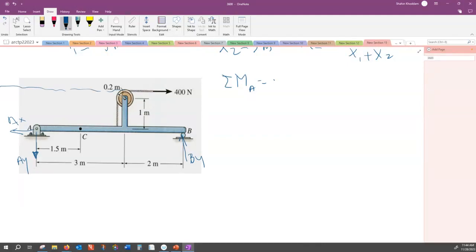And the shortest distance of that with this point, that is 1 meter, right? So is this positive or negative? Negative. Minus 400 times 1. And then plus By multiplied by 5. So from here, you easily find By is equal to 400 divided by 5, which is 80 Newton. So now I have By.